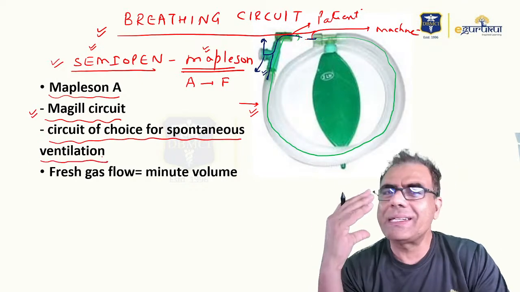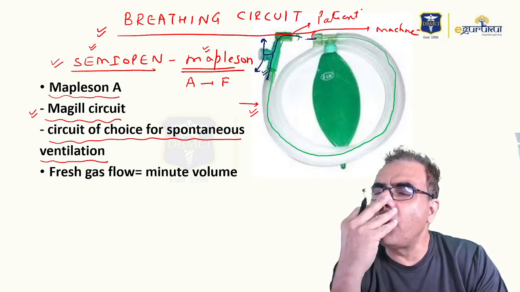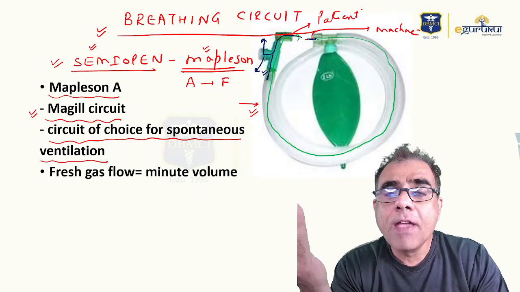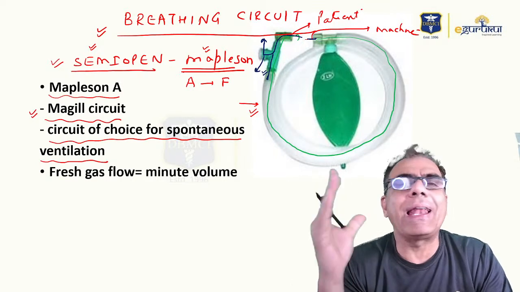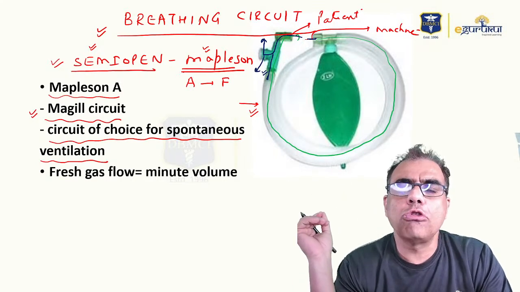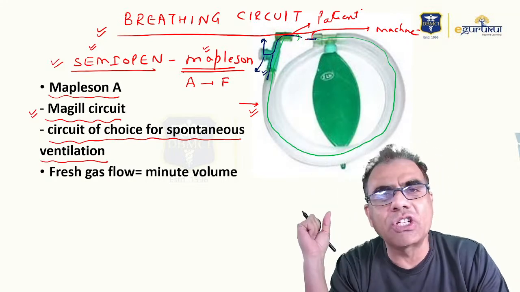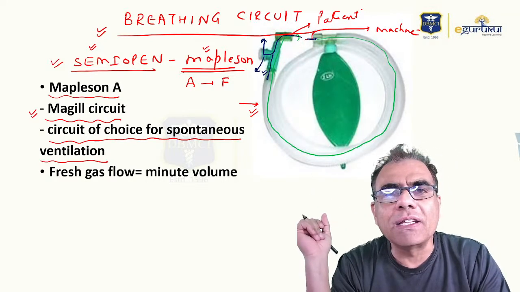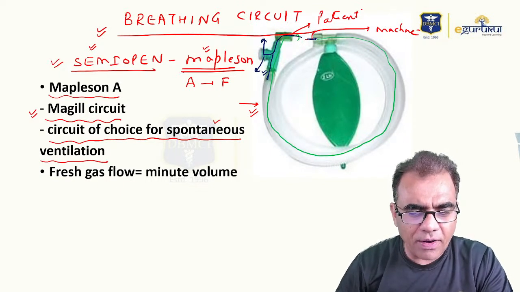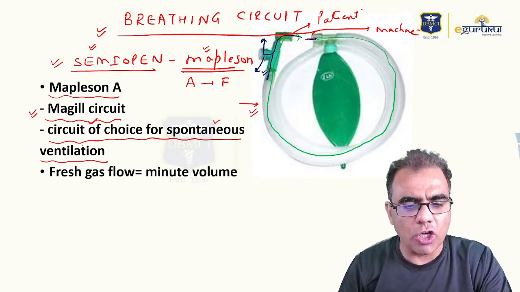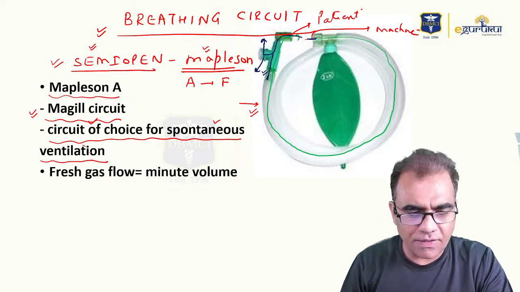The patient during anesthesia may be spontaneously breathing, or most often the patient is paralyzed by giving a muscle relaxant, so the ventilator controls the ventilation, that is controlled ventilation. If the patient is spontaneously breathing, we will prefer the McGill circuit. So it is the circuit of choice for spontaneous ventilation.